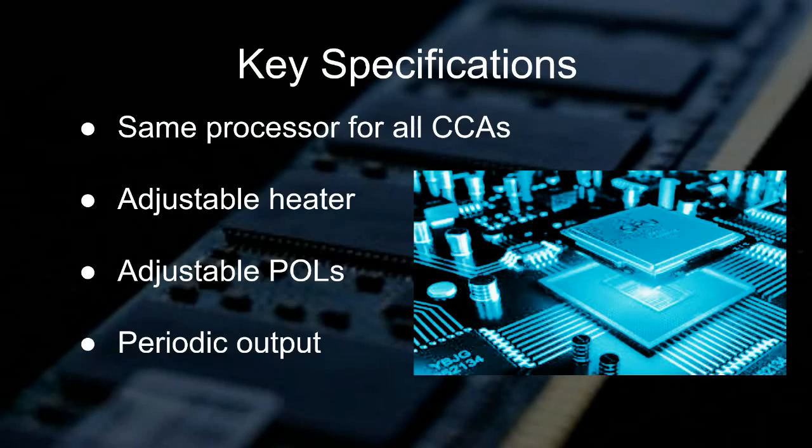So in order to meet the same processor for all CCAs, this actually proved quite challenging as we needed to provide both an interface to program memory as well as an interface to DDR memory. And this limited our processor choice by quite a bit.